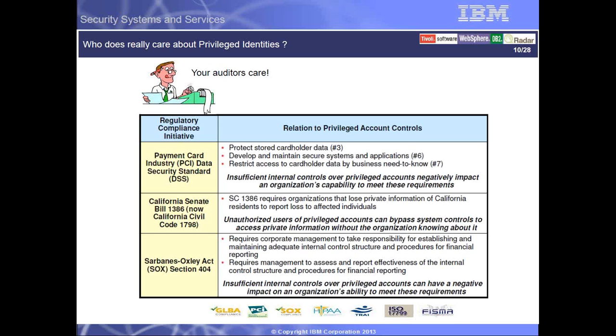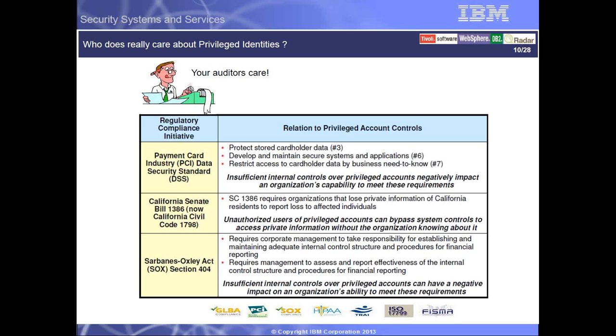Insufficient internal controls over privileged accounts negatively impact an organization's capability to meet the requirements of protecting the cardholders' data, maintaining secure systems and applications, and restricting access to cardholders' data by business need to know.